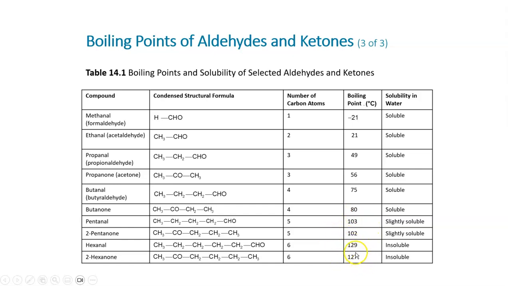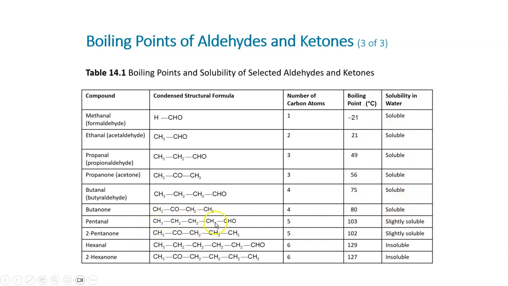Okay. At the same time, if you look at the water solubility, small molecules, methanol, ethanol, and propanol are water soluble, and propanone and butanol, they are all water soluble because they can make hydrogen bonds at this number of carbon atoms.